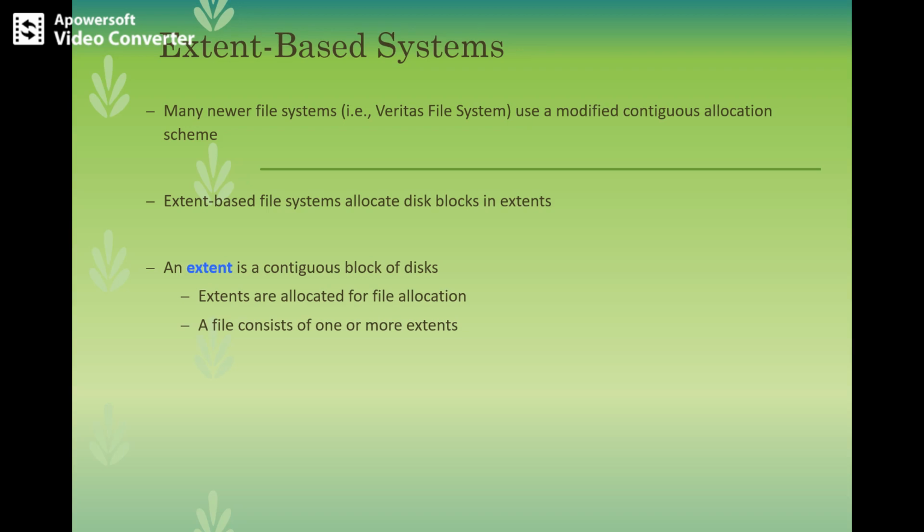Okay, so this extent is a contiguous block of disk allocated for the file. As and when the file contains more information, you are going to add the next block of information contiguously. So thereby we have got extents.